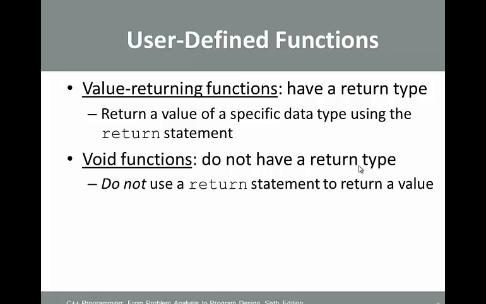But if we do have a data type, then we are required to return something because somebody is expecting us to return something from the function, and that's going to be the tricky one. That's going to tell you why you need to test your code.